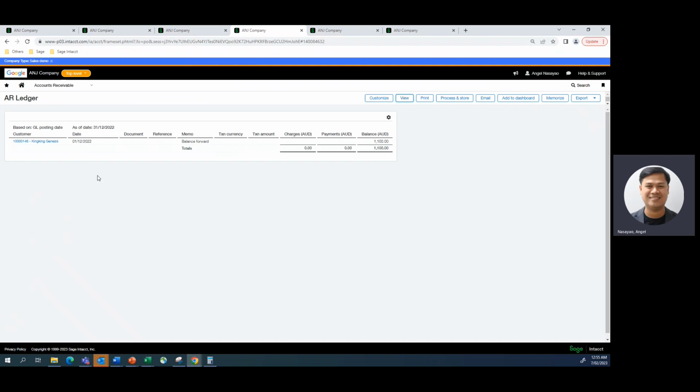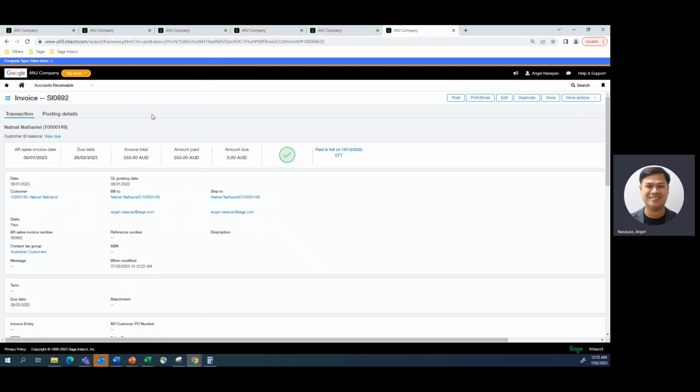All right. And another example, which is a common case, is where you have your AR invoice and the GL posting date, for example in this one here, is 0106, which is the 6th of January 2021.